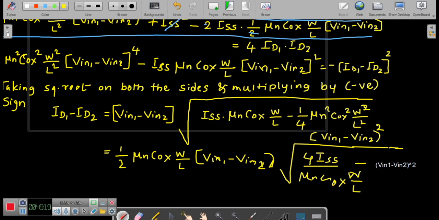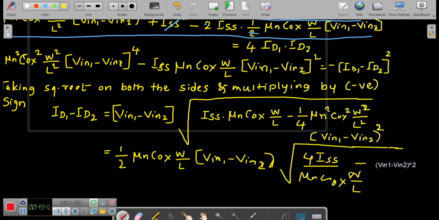So you have ID1 minus ID2 given by half mu n COX W by L into V in 1 minus V in 2 into bracket under root 4 ISS divided by mu n COX into W by L minus V in 1 minus V in 2 whole square.